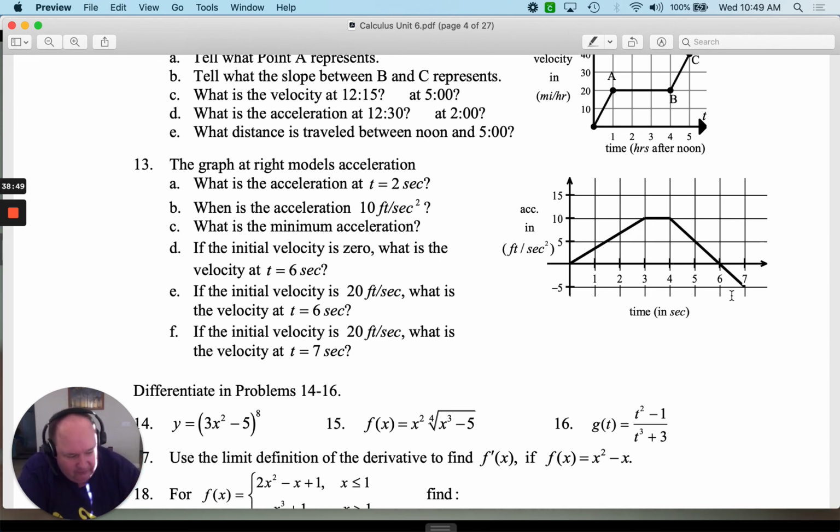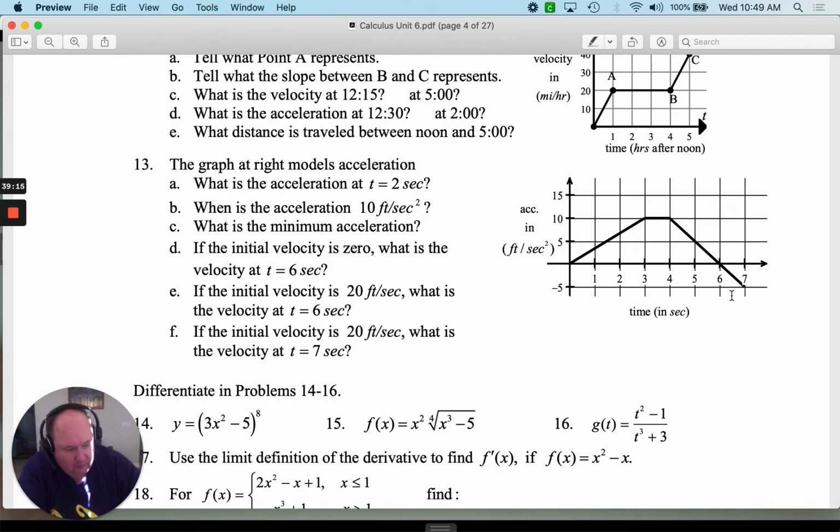So half of 5 is 2.5. So 55 take away 2.5, so it's 52.5 feet per second.